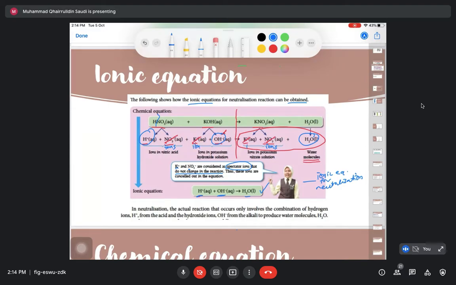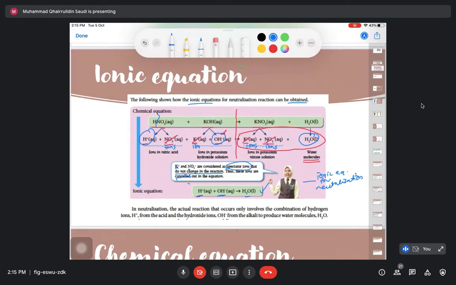After, potassium is still an ion. So the state of the particles is still the same before and after, walaupun pasangan mereka berbeza. They are still ions, so they are called spectator ions. So they do not change. That's why they are cancelled out in the equation to form our ionic equation.